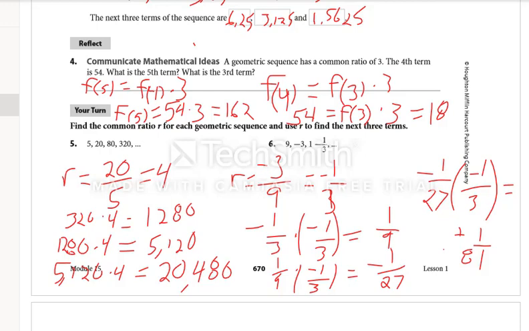So our next terms are 1 over 9, then negative 1 over 27, and positive 1 over 81. Another way to think about this, instead of multiplying by negative 1/3, it could be the same as dividing by negative 3, if that helps you. 9 divided by negative 3 is negative 3.